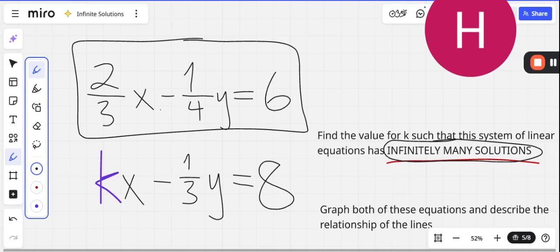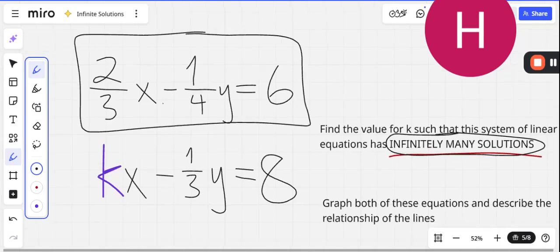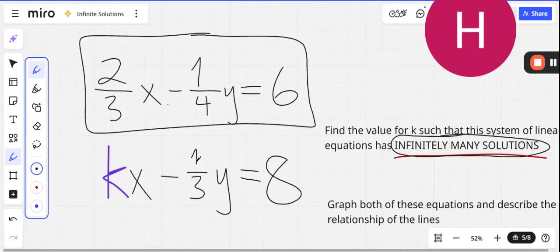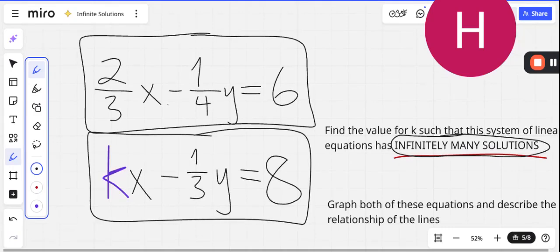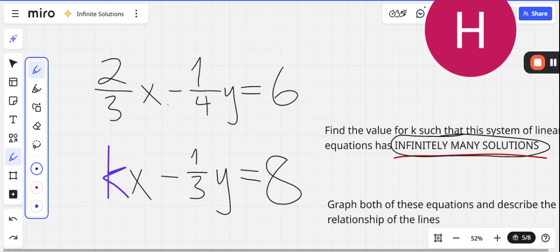That's what it means for these to have infinitely many solutions, because if they are indeed the same equation, they would have all x and y values in common. Every x and y value that one of them has, the other will have. So if these two equations are essentially the same, then the system will have infinitely many solutions.